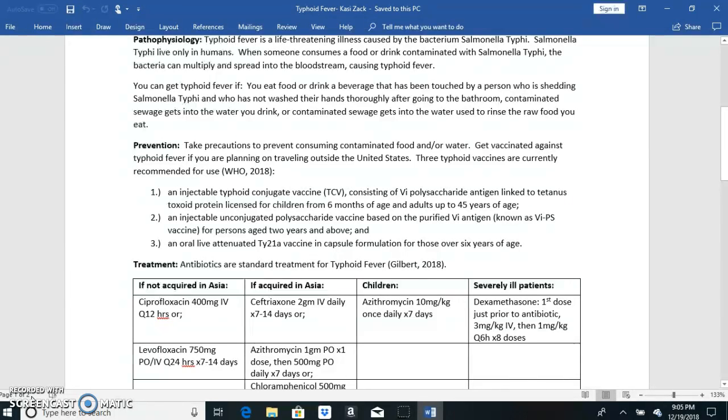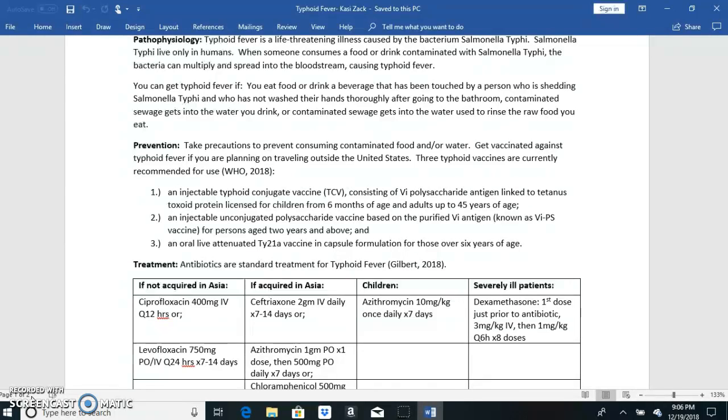The first 2 are injectable. The first one is an injectable typhoid conjugate vaccine consisting of Vi polysaccharide antigen linked to tetanus toxoid protein, licensed for children from 6 months of age and adults up to 45 years of age.